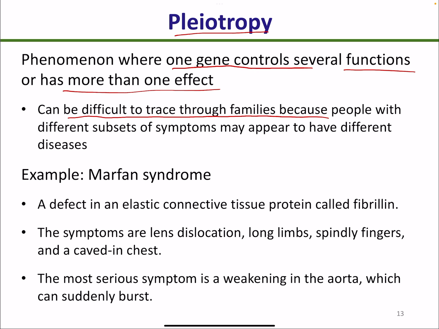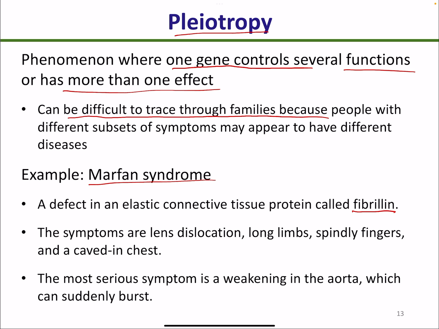Another example is Marfan syndrome. Marfan syndrome is basically a genetic defect where there is a misproduction of a particular protein of the connective tissue. That protein is called fibrillin. Fibrillin is actually elastic.